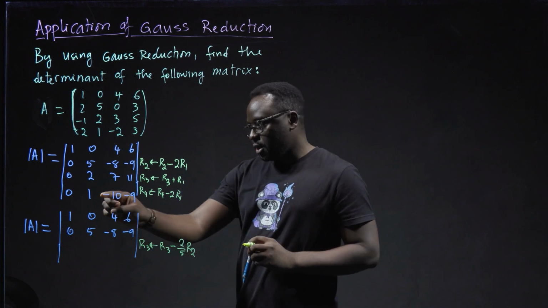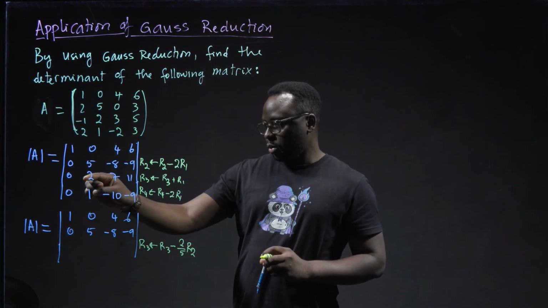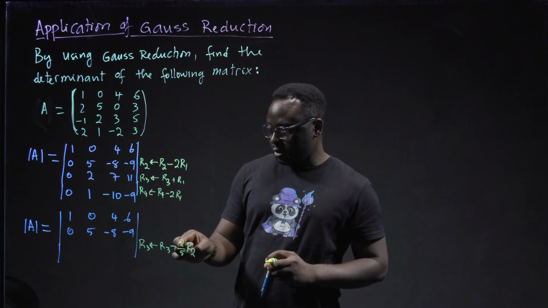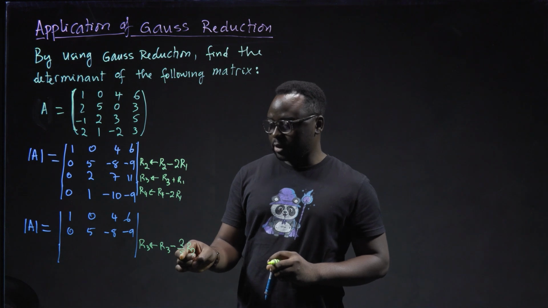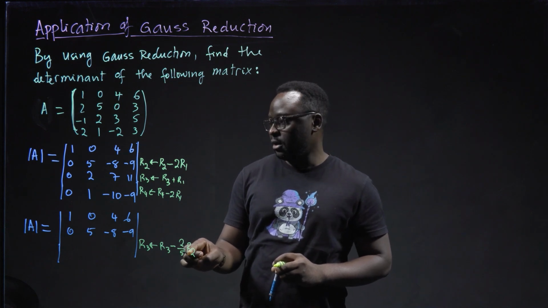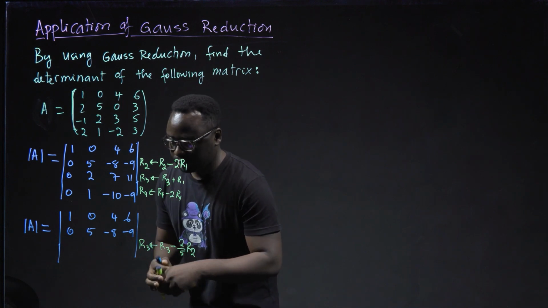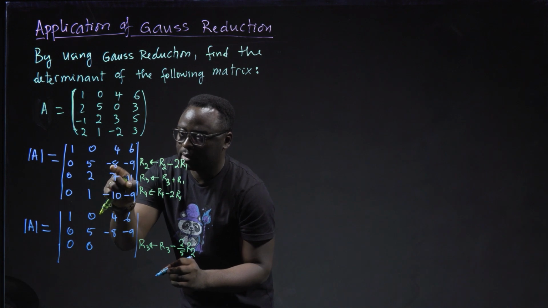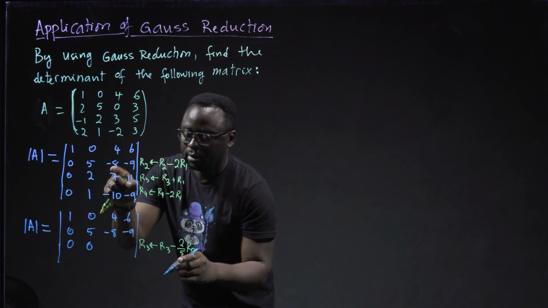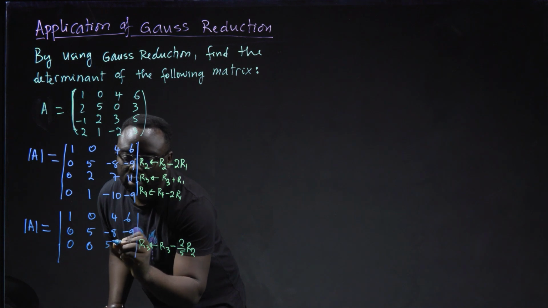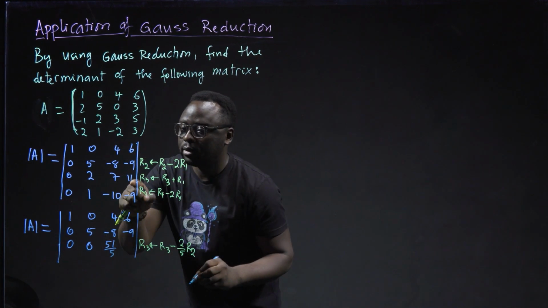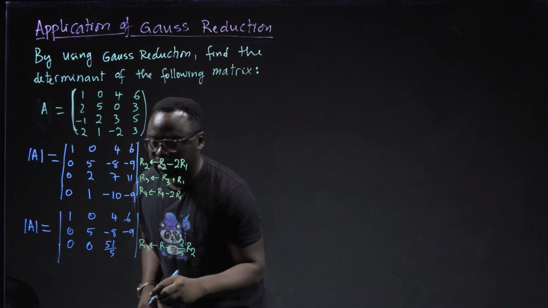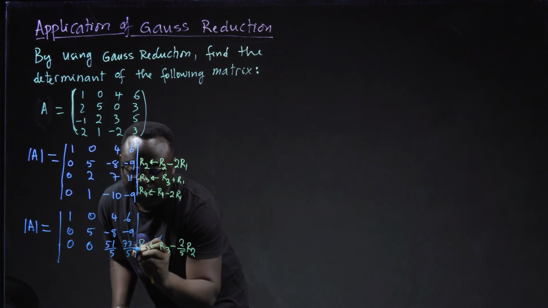The coefficient from the third row over the coefficient from the second row, all multiplied by the second row. So this is 0, 0, then R3 minus 2 over 5 times minus 8 gives 51 over 5. And for this one, 11 minus 2 over 5 times minus 9 is 73 over 5.